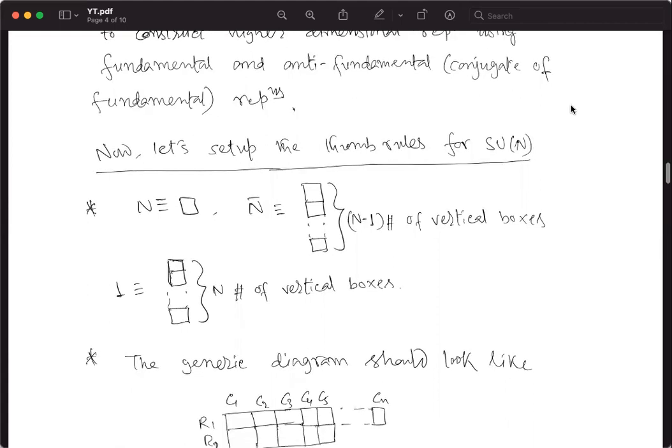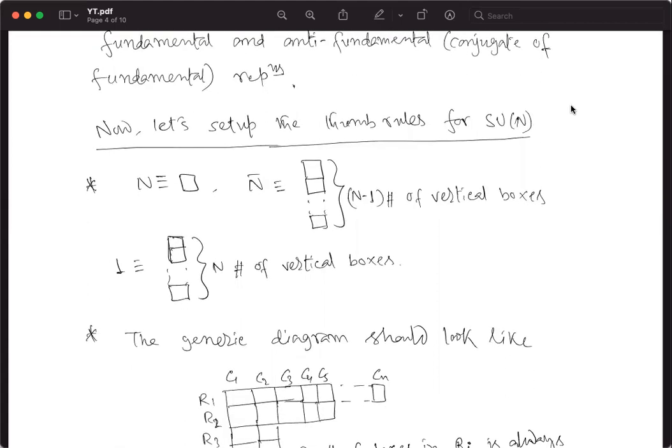What I want to emphasize first, before going into a specific example, is the generic rules, which if you can remember and follow, then you should be able to evaluate any Young diagram for SU(N). Of course, these are applicable for other groups like special orthogonal groups and so on, but that's beyond the scope of this particular course. So for this course, we'll restrict to SU(N).